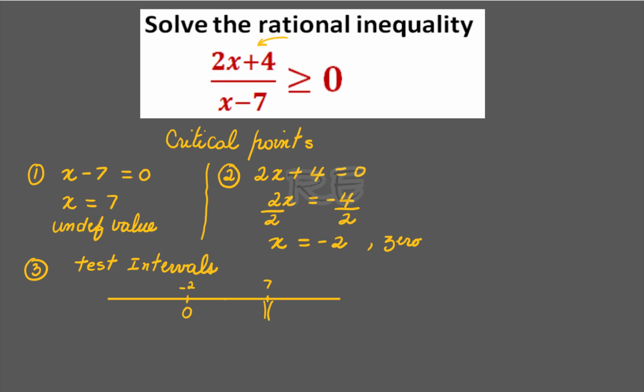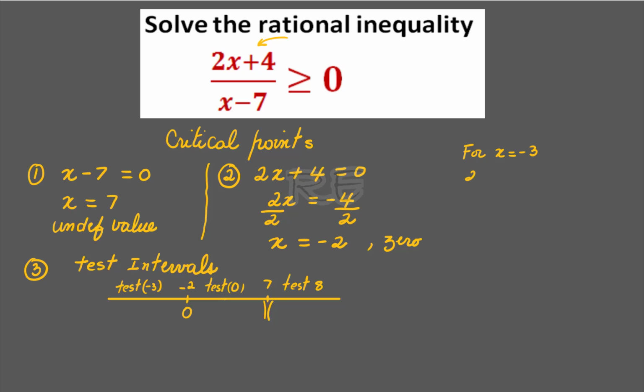Negative 2 is a 0, and 7 is undefined. We're going to test for -3 between negative infinity and negative 2, test for 0 between negative 2 and 7, and test for 8 between 7 and positive infinity.